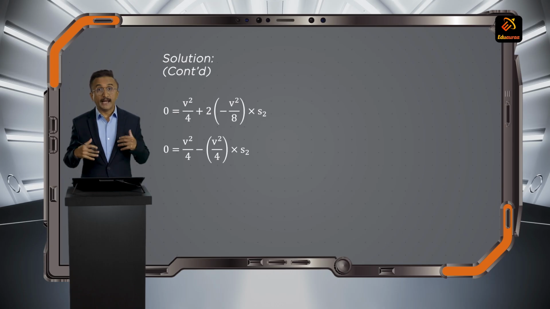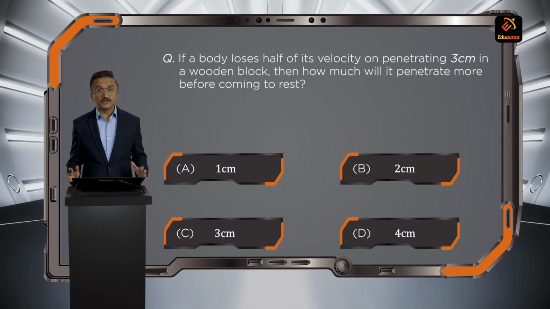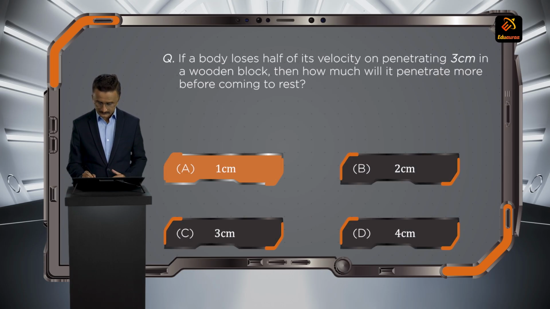Now I would like to rearrange the terms. So it is v square by 4 S2 is equal to v square by 4. So v square by 4 and v square by 4 get cancelled. So S2 is equal to 1 centimeter. So the correct option is option A, 1 centimeter.